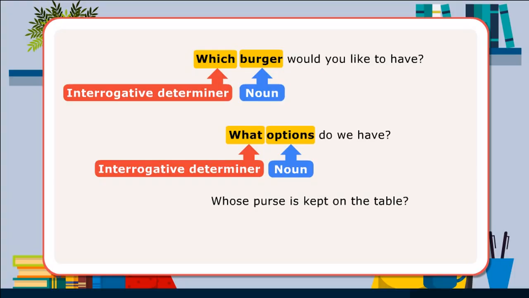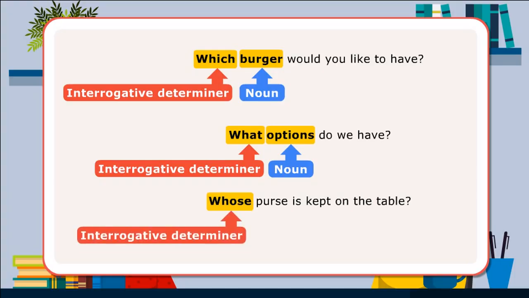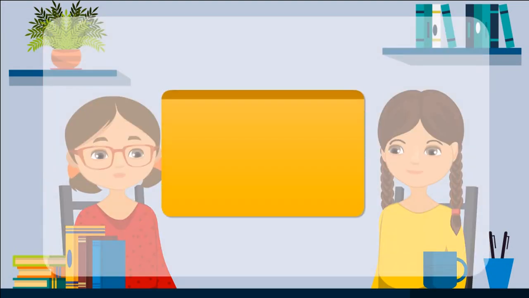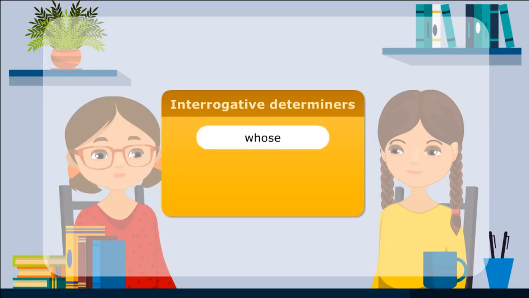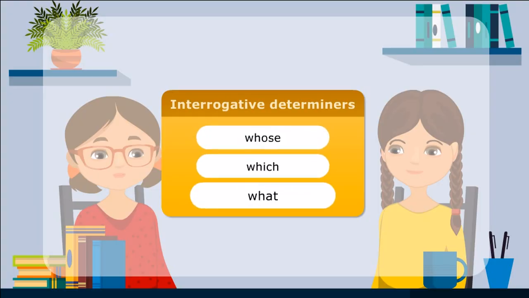In the third sentence, whose is an interrogative determiner since it is used before the noun purse and asks something specifically about it. Here is a list of interrogative determiners: whose, which, what.